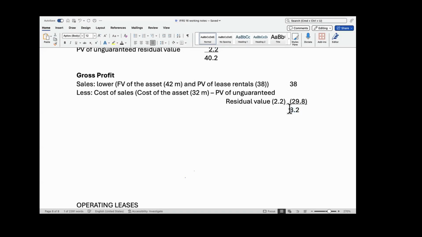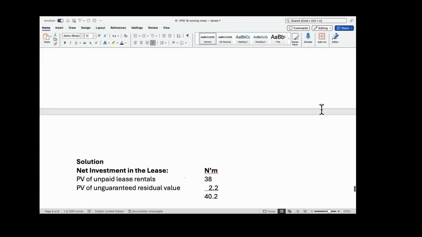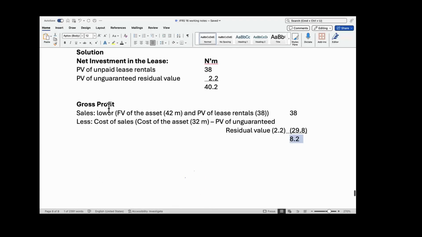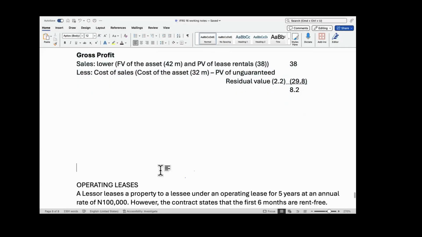So that's that for this. When it comes to manufacturer or dealer lessor, this is just the additional thing you are required to do in the exam. Okay.